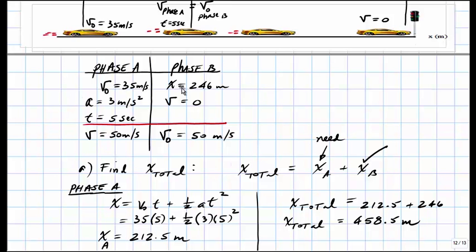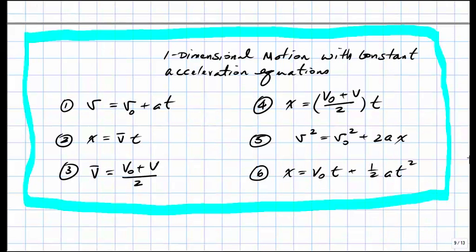Now that we have 3 known quantities, how do we go about solving for the acceleration? So again, we know x, we know the value for v, we know the value for v0. Let's go to our 1D motion equation box. Alright, so here's our box, and let's see if the first equation will solve for acceleration.